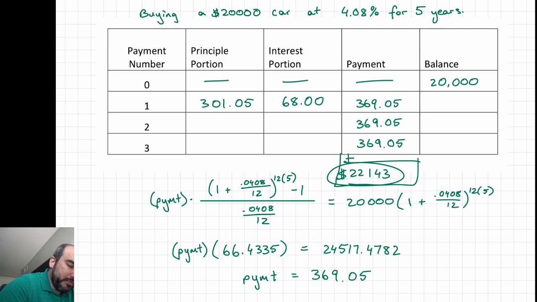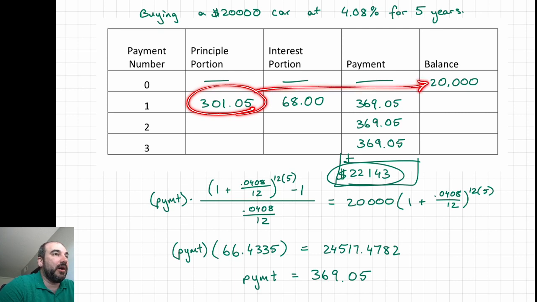So when you make this payment of $369.05, you are paying the bank $369.05, but only $301.05 of that is counting towards this balance that you owe them.